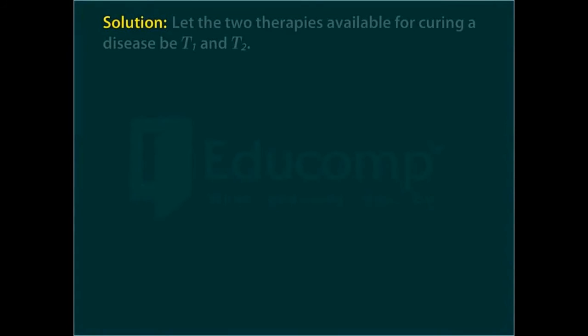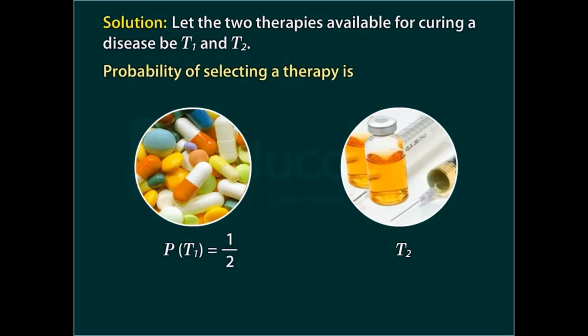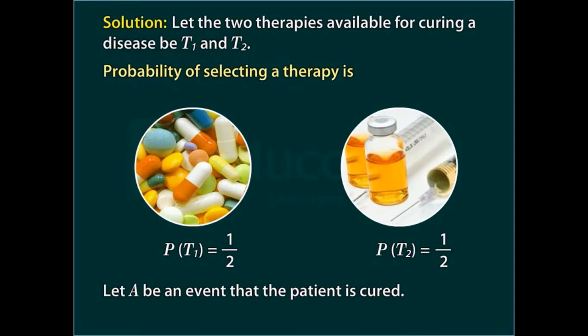Solution. Let the two therapies available for curing a disease be T1 and T2. Probability of selecting a therapy is P of T1 equals 1/2 and P of T2 equals 1/2. Let A be an event that the patient is cured.